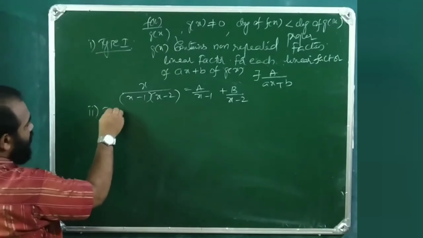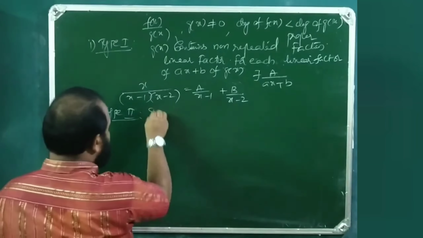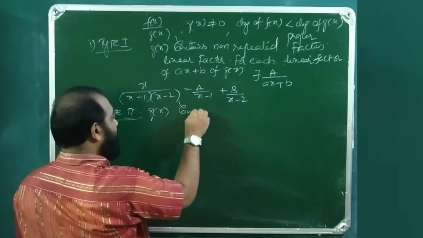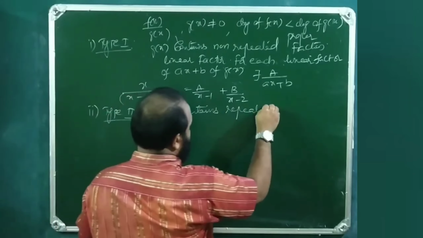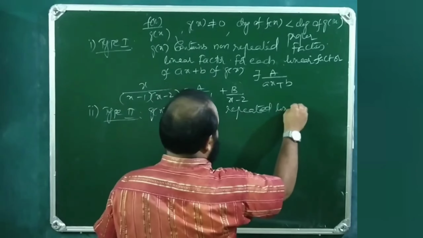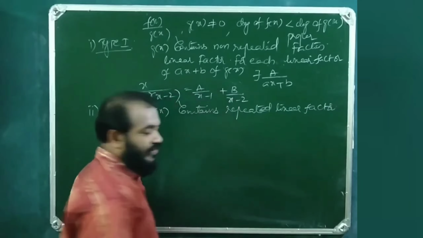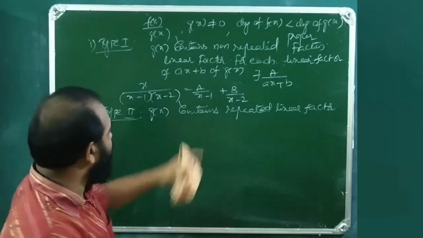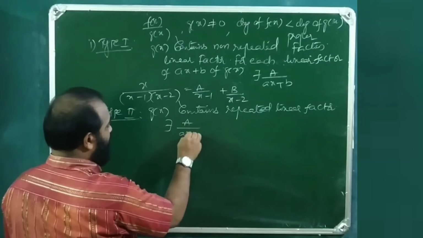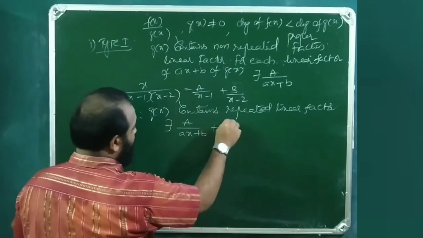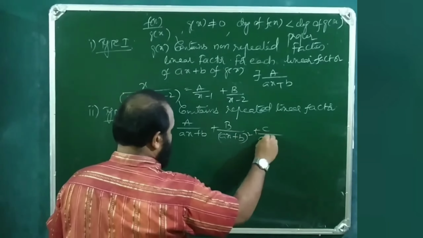So type 2 says, g of x contains a repeated linear factor. So for every linear factor of ax plus b, there exists a partial fraction of the form A by (ax plus b), plus B by (ax plus b) whole square, plus C by (ax plus b) whole cube.